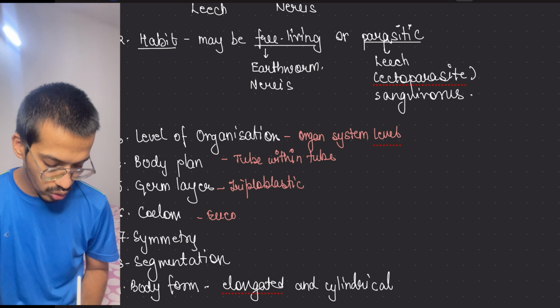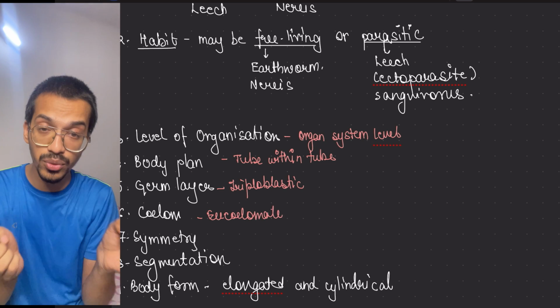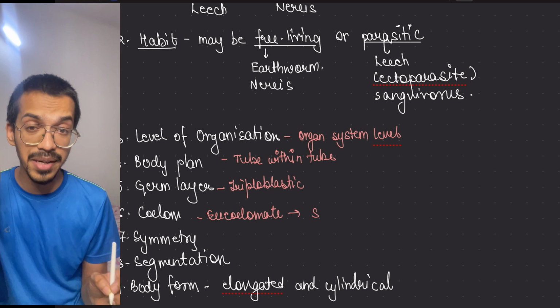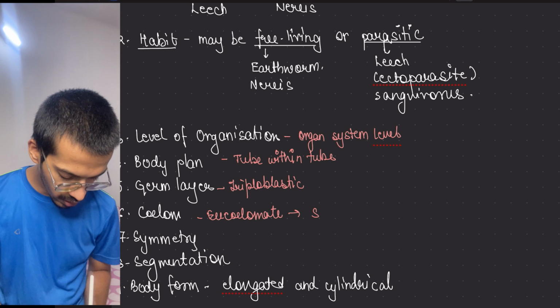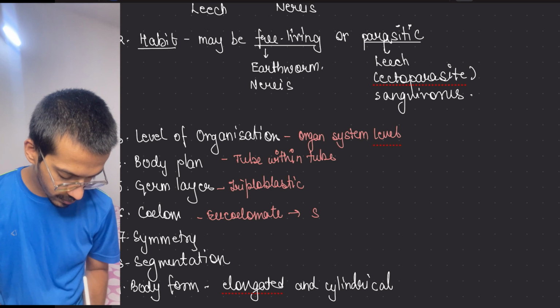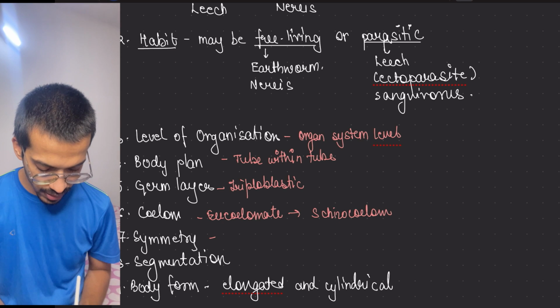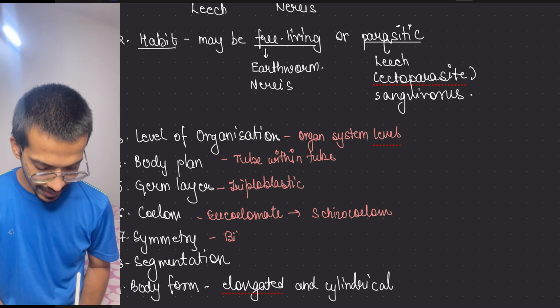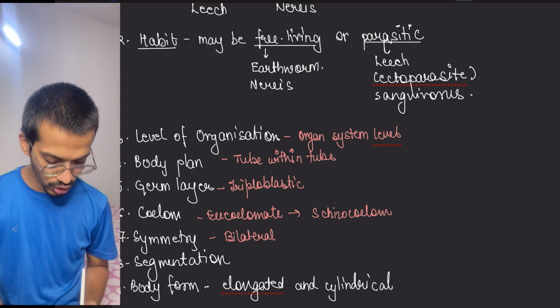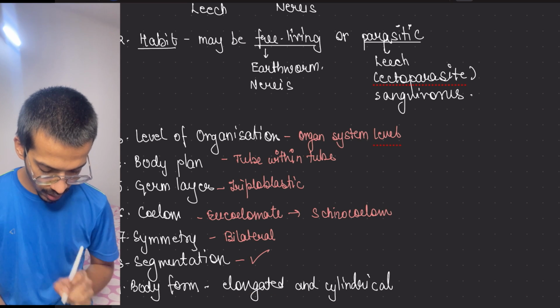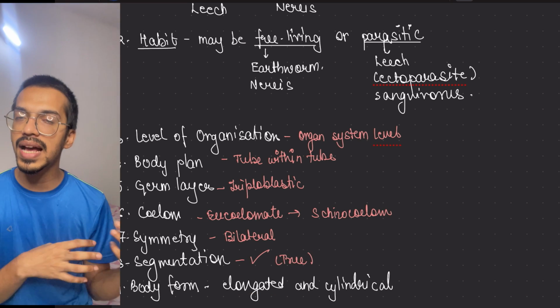And which type of coelom? Schizocoelom, where the split would be there and it is covered on each side by the mesoderm. Symmetry: it is bilaterally symmetrical. Segmentation: present and true. Body form: elongated and cylindrical.